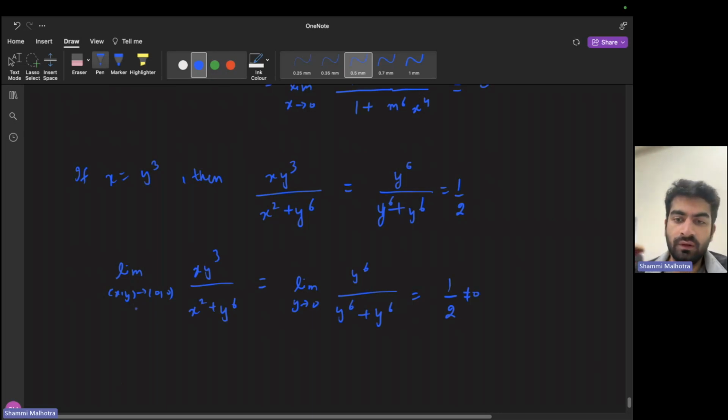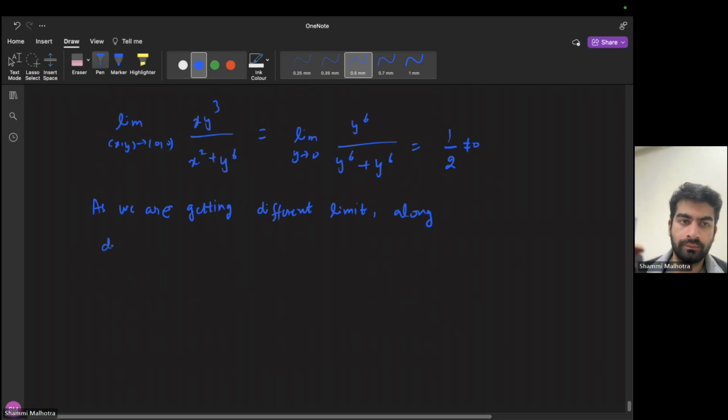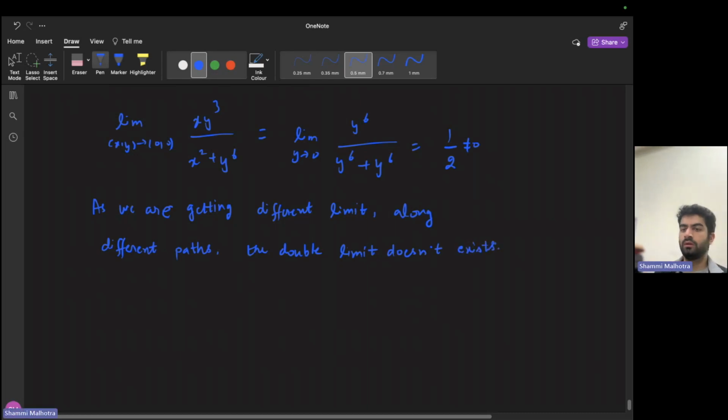As we are getting different limits along different paths, this implies the double limit doesn't exist. I hope that's clear.